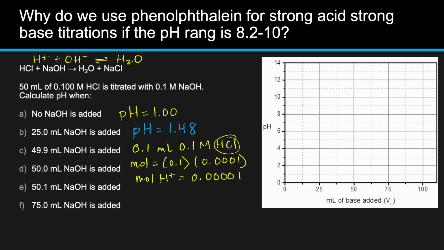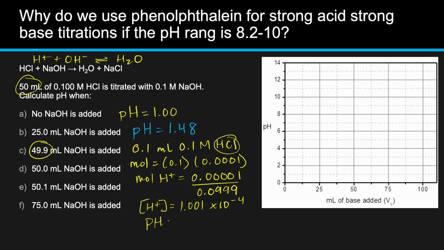And now if I want to get concentration, we're going to be dividing that by our total volume. Our total volume would be 49.9 plus 50, which is 99.9 milliliters. That converts to 0.0999 liters. That gives us a concentration of 1.001 times 10 to the negative 4th.